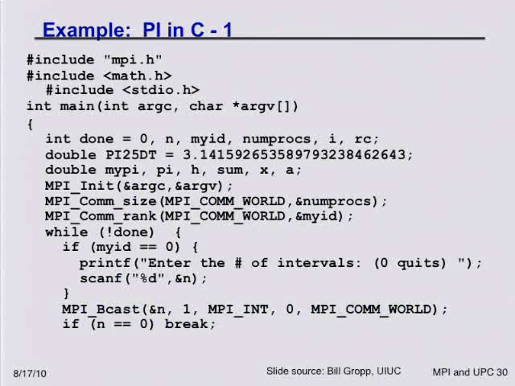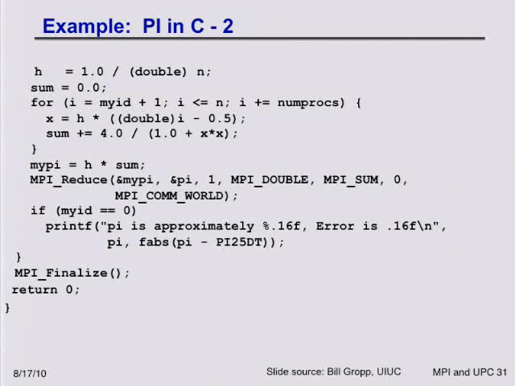Here's a simple example of a program which computes pi as a kind of Monte Carlo simulation, by computing random numbers and determining whether or not they're inside the unit circle. There's the usual startup stuff in here, and there's a broadcast statement just to see the syntax in practice. And there's a reduction then to add up all of the number of hits.